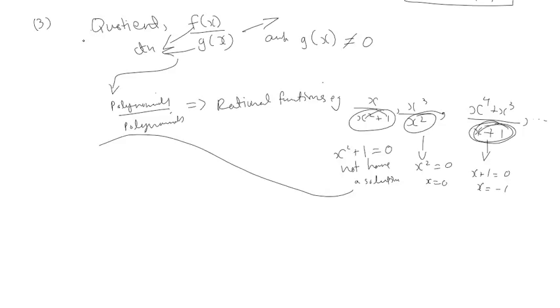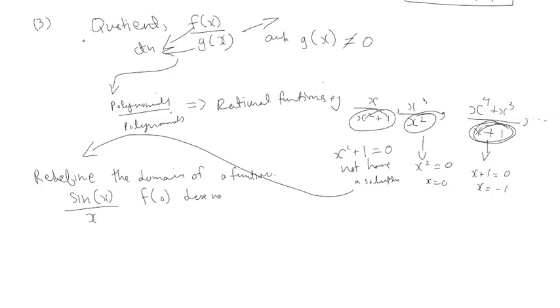So since we're talking about this, there's an important concept in calculus and in math basically, which talks about redefining the domain of a function. So what I'm basically saying over here is, if I have sine x over x, right, and we know that f of 0 does not exist, but that causes the function to be discontinuous.